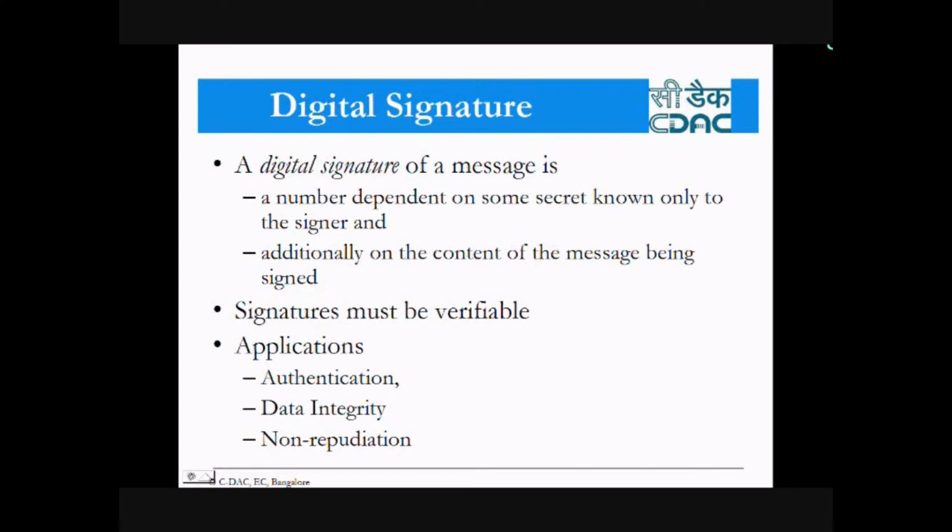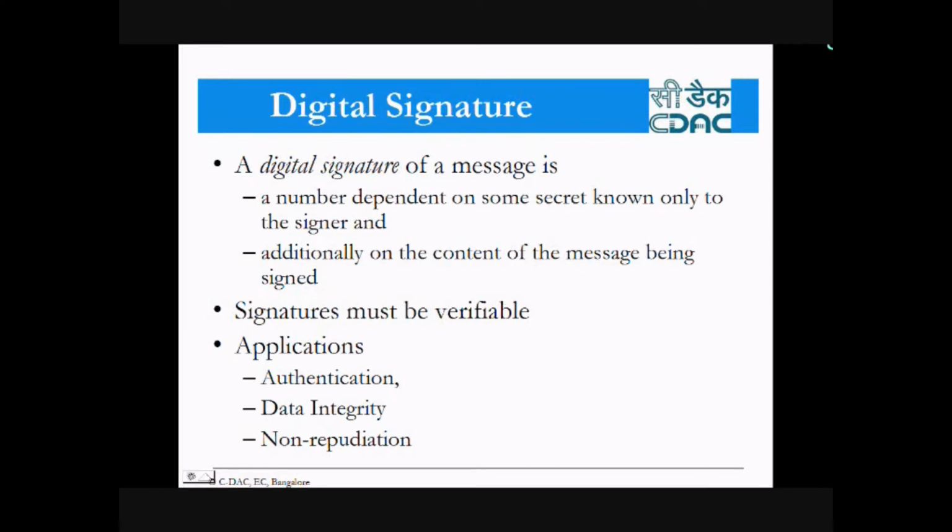Signatures must be verifiable. With a paper-based signature, you can ask me this: how do you verify it? You ask a person to sign a document, and then you ask the person to re-sign it some other place, and then you cross-verify whether both look alike by using experts who are proficient in finding minor differences that may exist from signature to signature in one's handwriting.